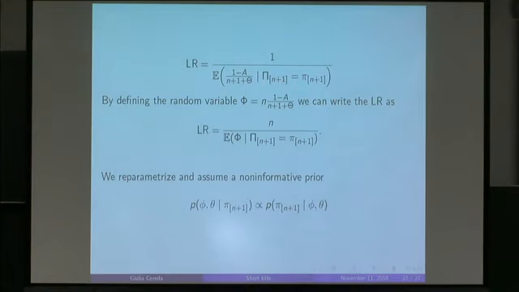So I can write the likelihood ratio as n divided by the posterior expectation of phi, given the data up to the observation n+1. And then remember that I told you that we choose an uninformative prior for alpha and theta. So the same if I consider phi and theta. Phi is just a function of alpha and theta.